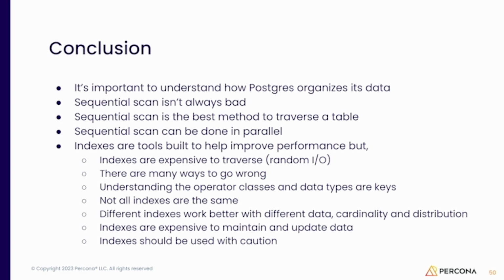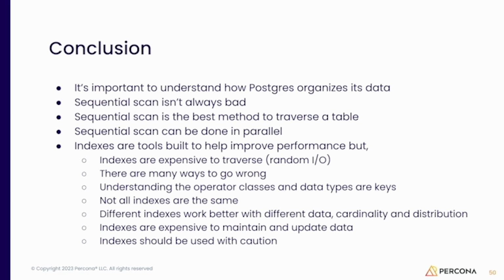Sequential scan is not always bad. It can be improved. Remember the example I gave, where we reduced the scan from 2 seconds to 85 milliseconds. It's more than 10 times, like 20 times optimization without any indexes, just playing around with how the scan is done by the database. So it's not always bad. It can be a good thing.